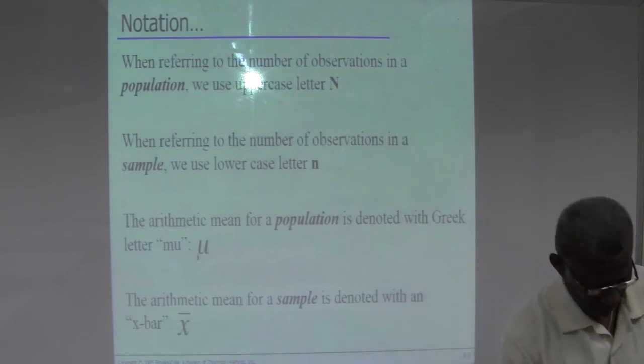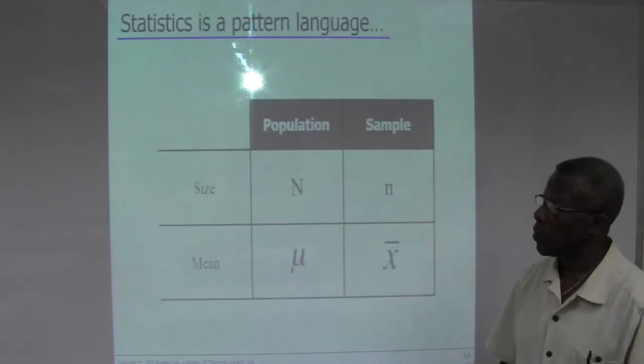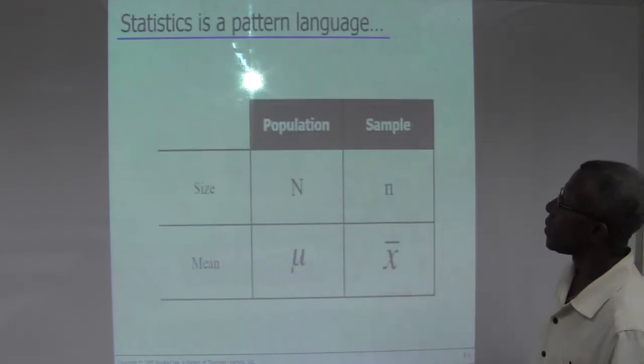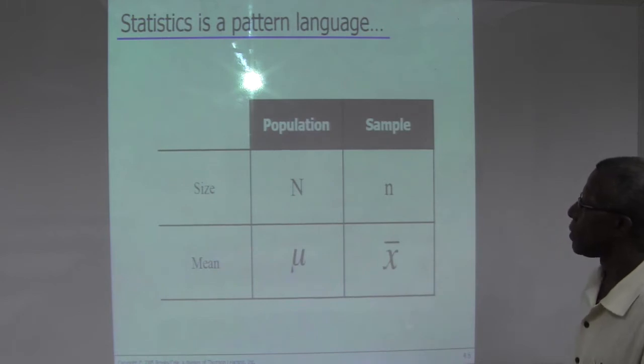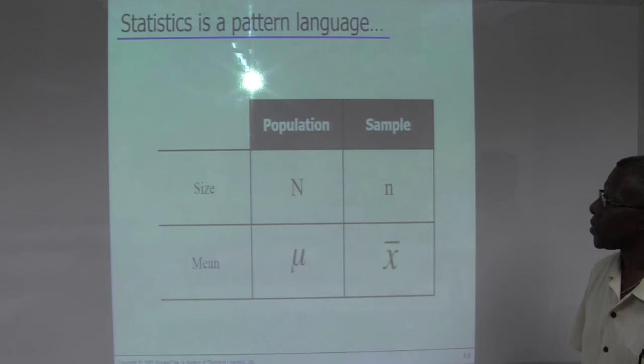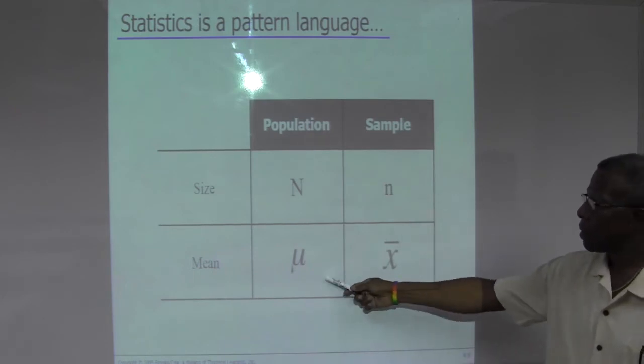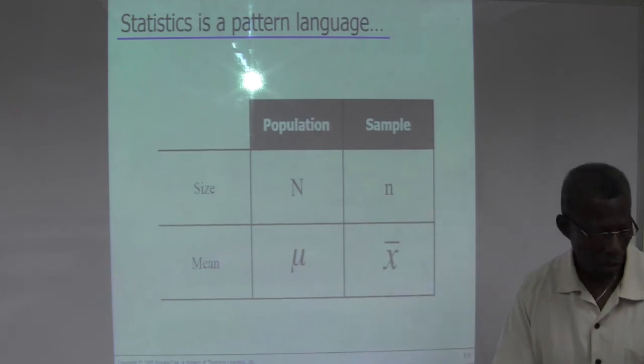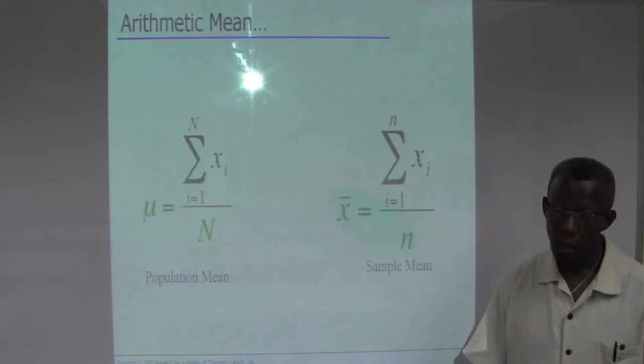This is shown summarily: population and sample size, a big N for population, small n for sample. This is the mean, and that is x bar for the sample mean.